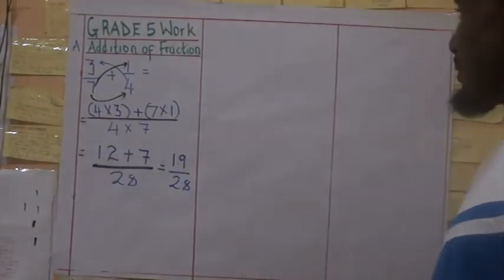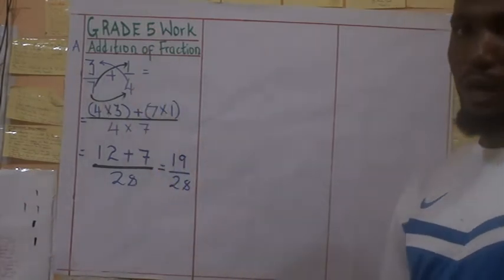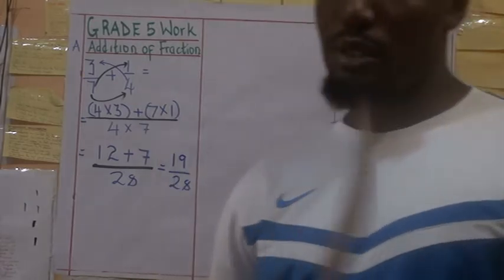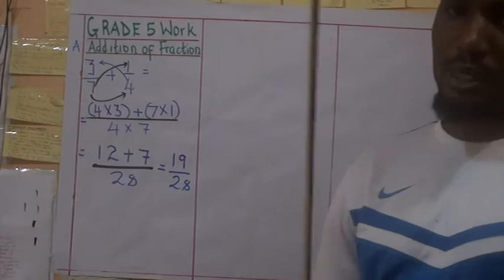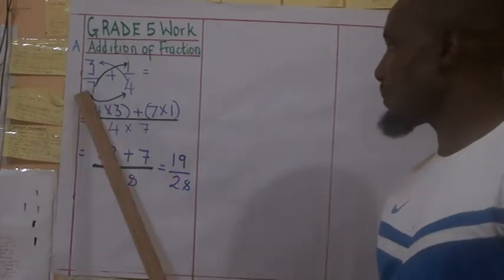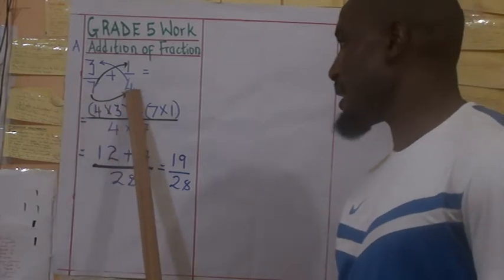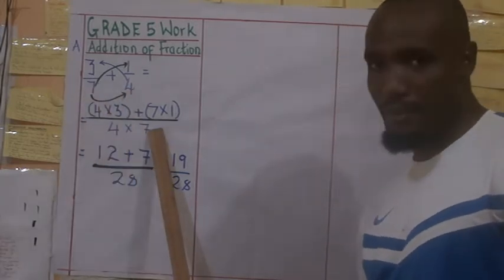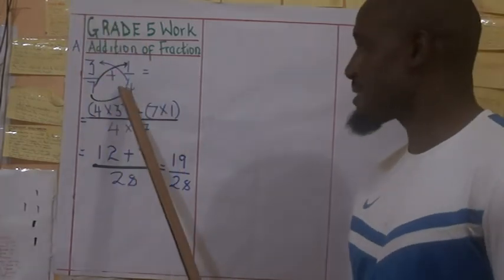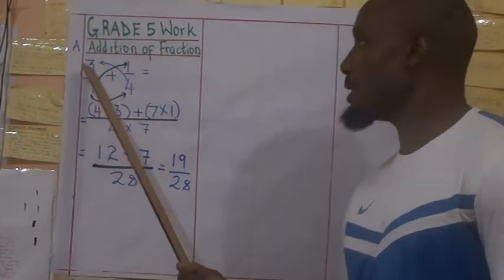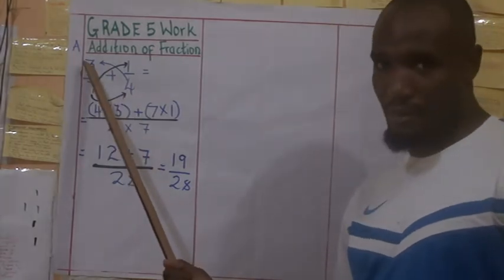Let me repeat again. The fraction was 3 over 7 plus 1 over 4. I'm going to use the multiplication method. Step number 1, you multiply denominator by denominator, that is 7 times 4. Step number 2, you multiply the second denominator with the first numerator, that is 4 by 3.